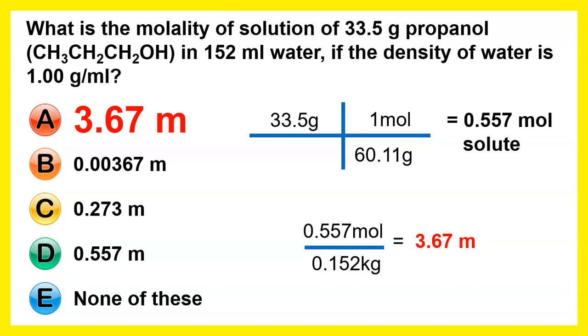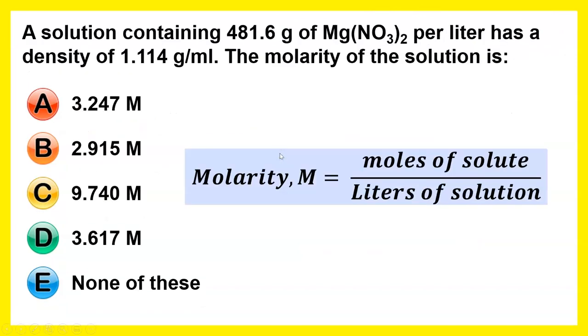Let's do one last one. I have one more. Okay. Let's do a molarity calculation. We have 481.6 grams of magnesium nitrate, and it tells me that that many grams per liter would result in an overall density of the solution being 1.114 grams per mL.